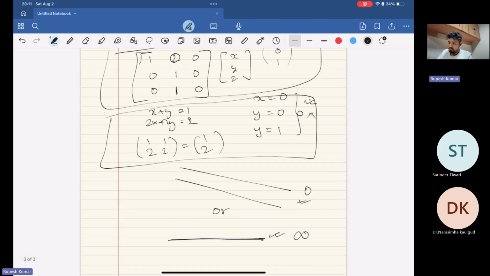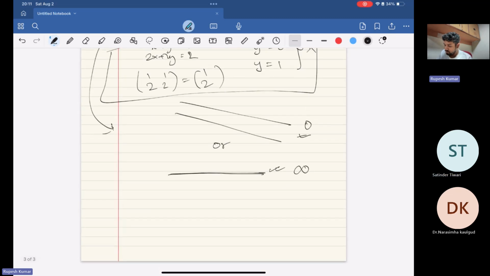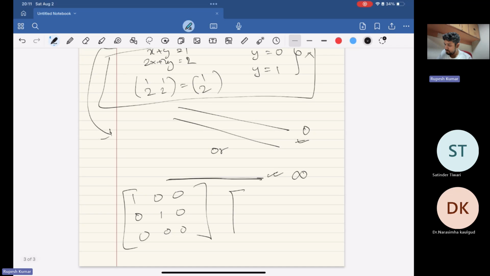Now, when you do the pivoting, try to use Gaussian elimination for the first and the second matrix. For the first matrix, when you do the Gaussian elimination, you will get 1, 0, 0, 0, 1, 0, 0, 0, 0. For the second matrix, you will get this setup: 1, 1, 0, 0.